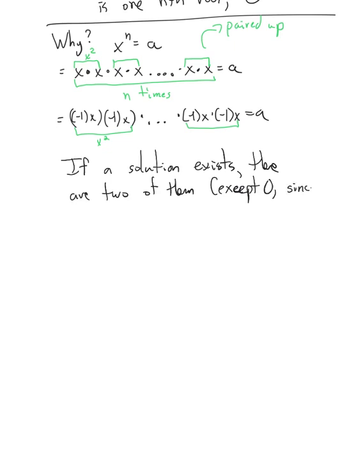Since positive 0 equals -0. There's no sign to 0. So that's the only special case. That's why there's only one solution when a equals 0.